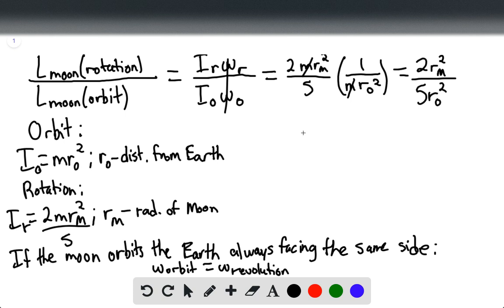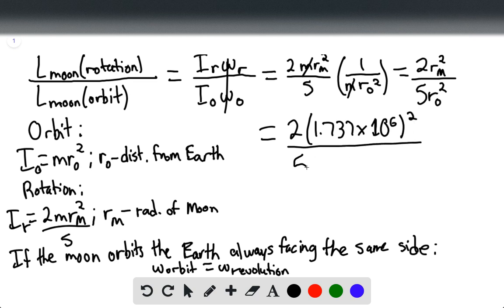And we can find this and say that this is 1.737 times 10 to the 6, the radius of the moon, divided by 5 times 3.805 times 10 to the 8th squared.